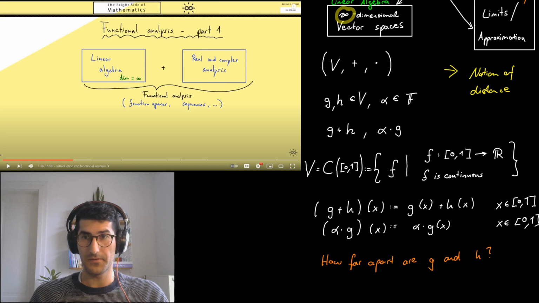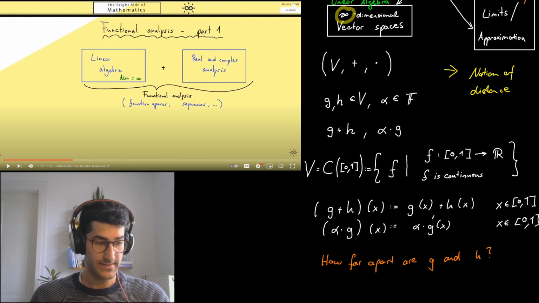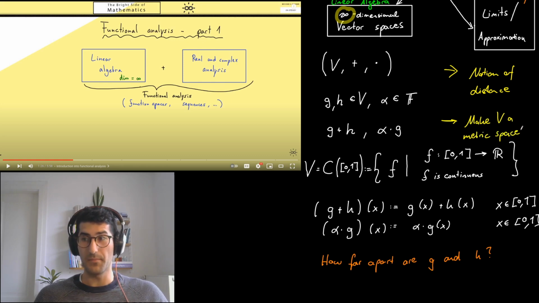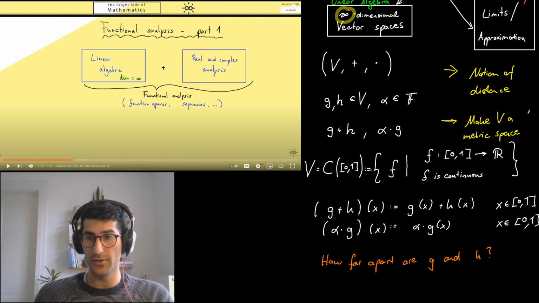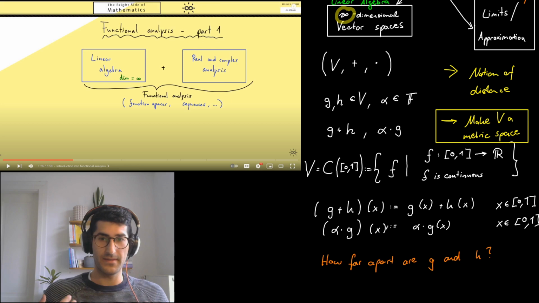Well, the solution to this problem is not unique, but how we can do it is by making V, our vector space, a metric space. Because in metric spaces, we have a notion of distance, and the distance of g and h will now tell us how far they are apart.